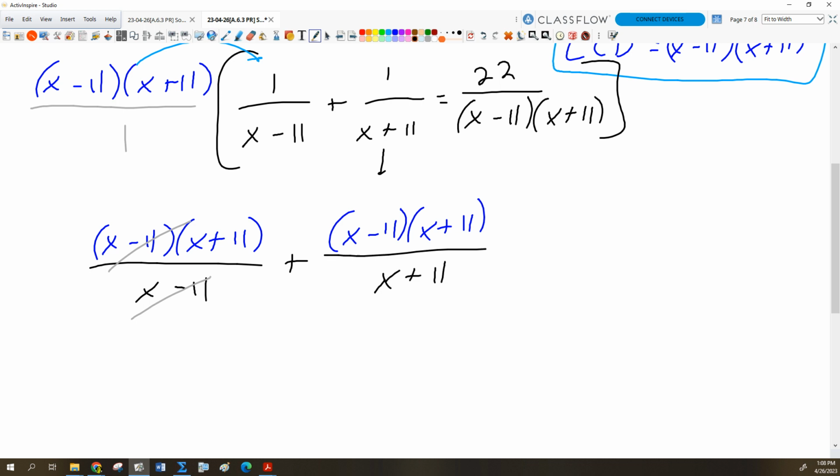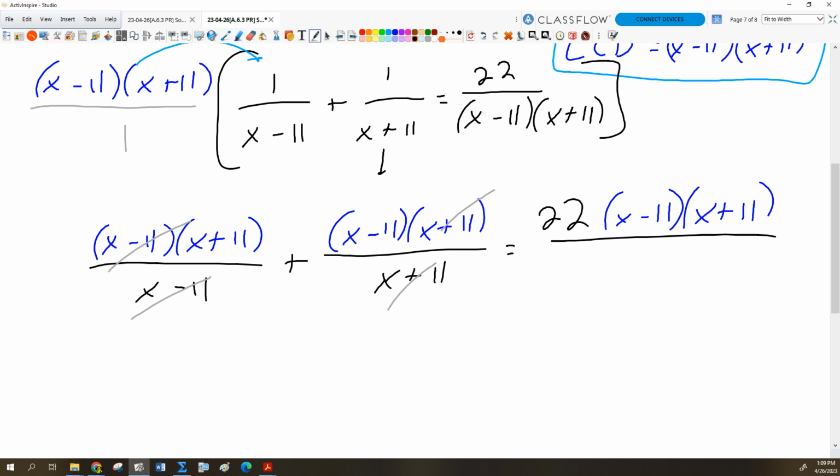What cancels? X plus 11. And then finally, if I distribute all the way over to this last fraction, I get 22 times x minus 11 times x plus 11 divided by my denominator, x minus 11 times x plus 11.